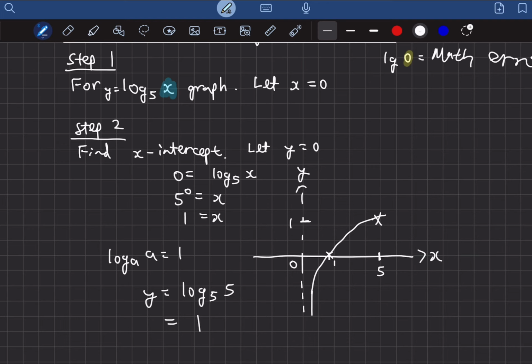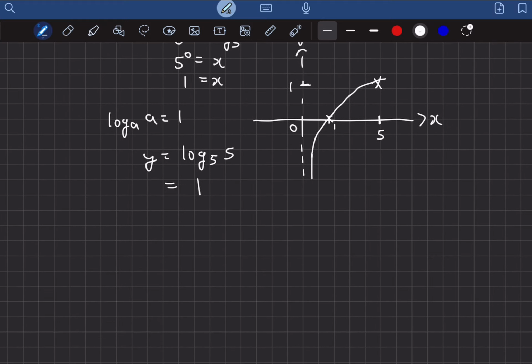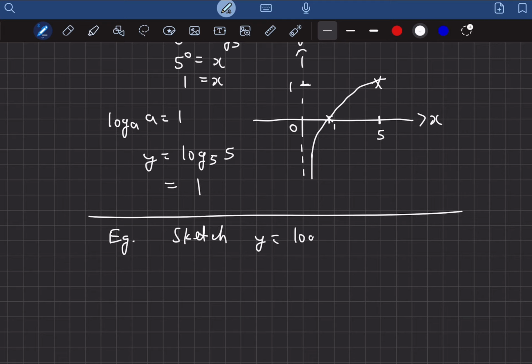Okay, so this seems easy, but if one day, let's take an example. Example, they say sketch y equals log base 3 of 2x minus 1, for example. Same thing.